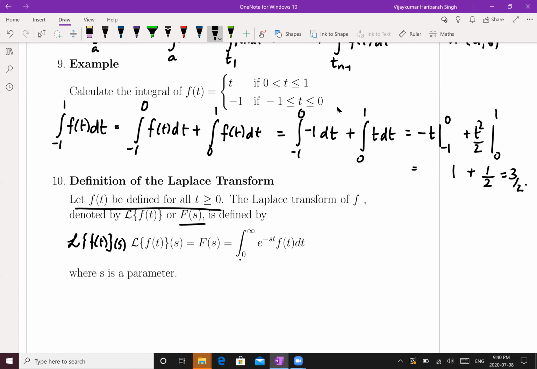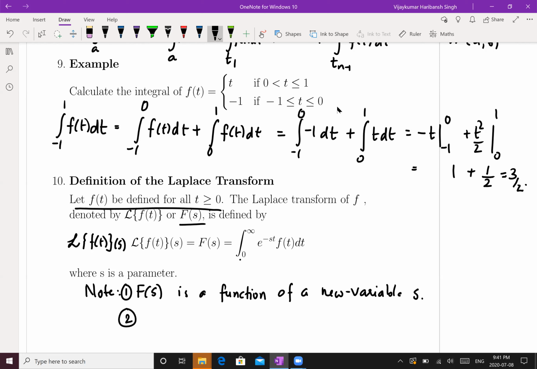Okay. So note that F of s is a function, right? It's a function after all in a new variable s. So that's one thing to note.